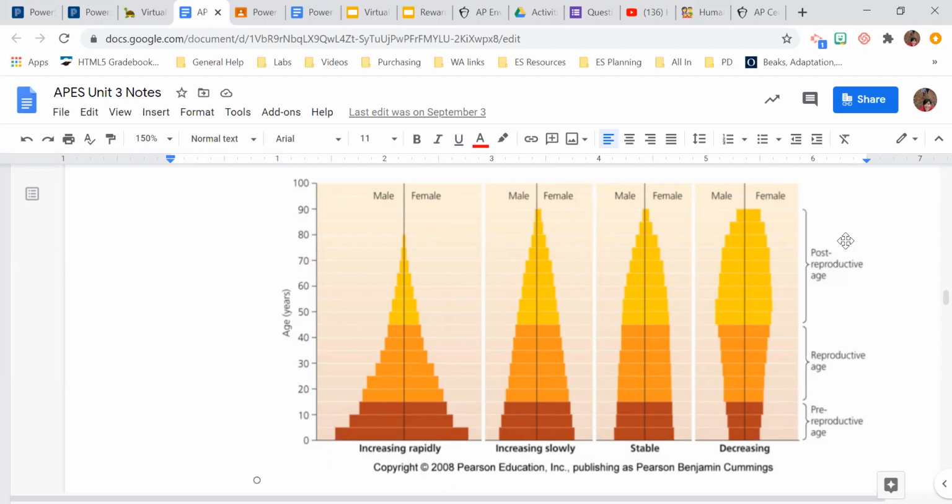Now I say women because men will be able to continue to provide the sperm component until death. Men don't have any kind of ending of their reproductive years. There's some evidence that maybe older men will have a harder time getting someone pregnant, like their sperm won't be as healthy, but they could technically still do that.